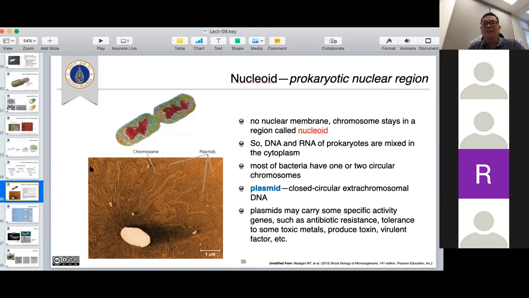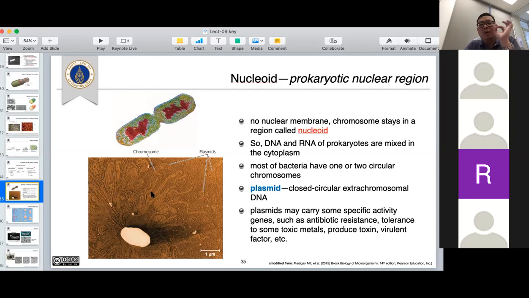I will not say this is the absolute truth, but most of them, not all of them, most of the bacteria have a single circular chromosome. But some bacteria we know have two circular chromosomes. Some bacteria have 11, 22, 23 chromosomes. That's exceptional, but most of them have a closed circular chromosome.